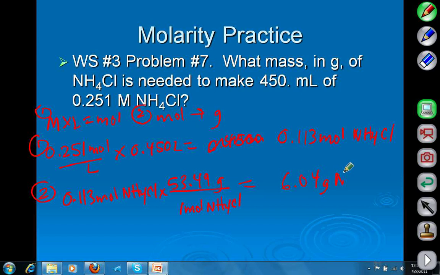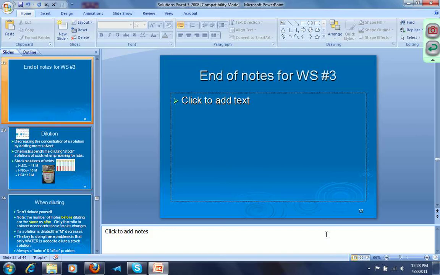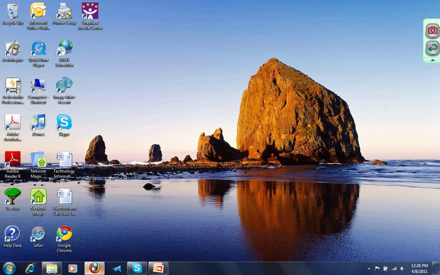We multiply these together, and we get 6.04 grams of ammonium chloride. And what this really means is if you're going to make 450 milliliters of solution that has this concentration, you need to add 6.04 grams to a beaker and add the water up to the 450 milliliter mark. This is the end of our notes for worksheet 3.